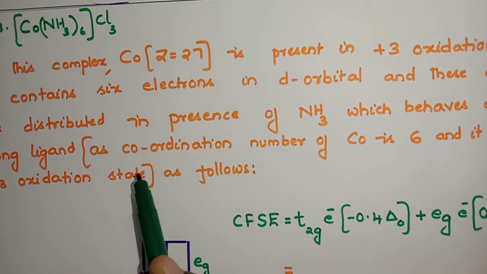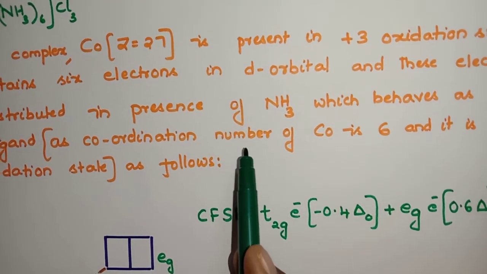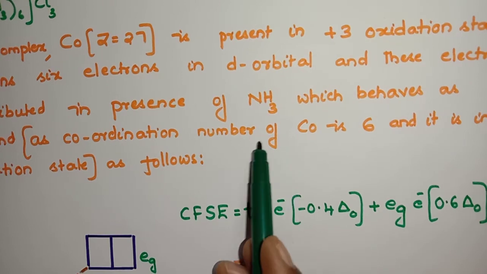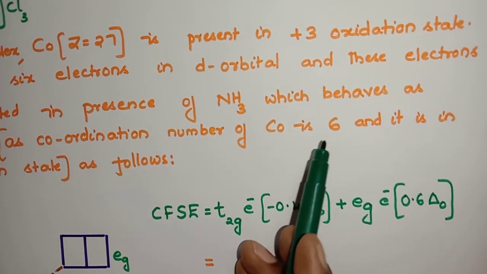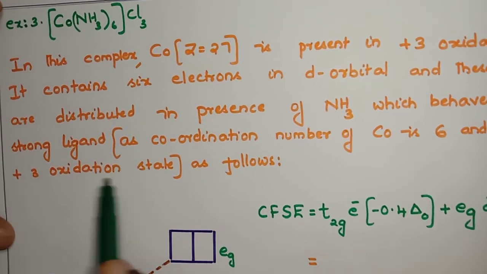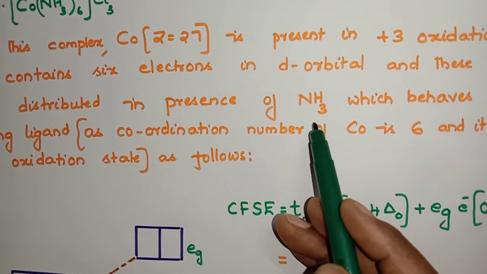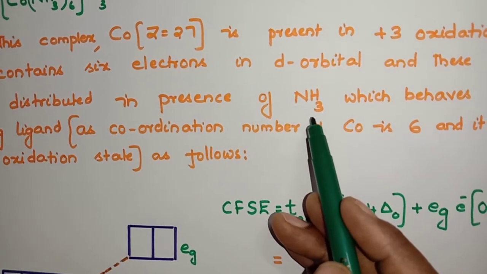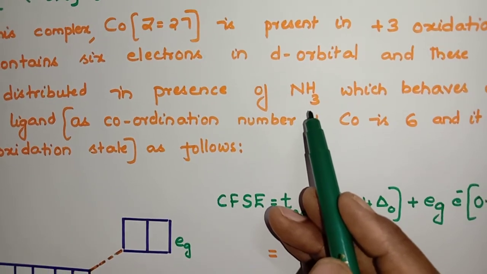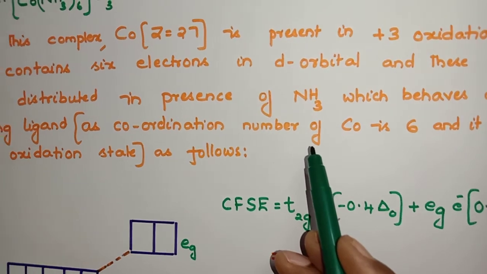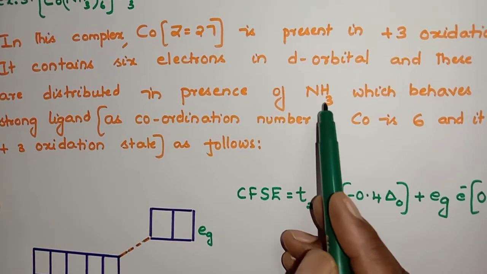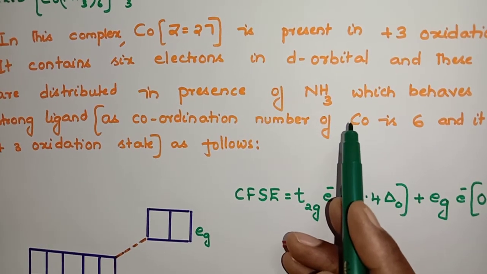There is a condition here. If the coordination number of the central metal atom is 6 and it is in the +3 oxidation state, then ammonia acts as a strong ligand. If the coordination number is 6 and it is in the +2 oxidation state, then NH3 behaves as a weak ligand.